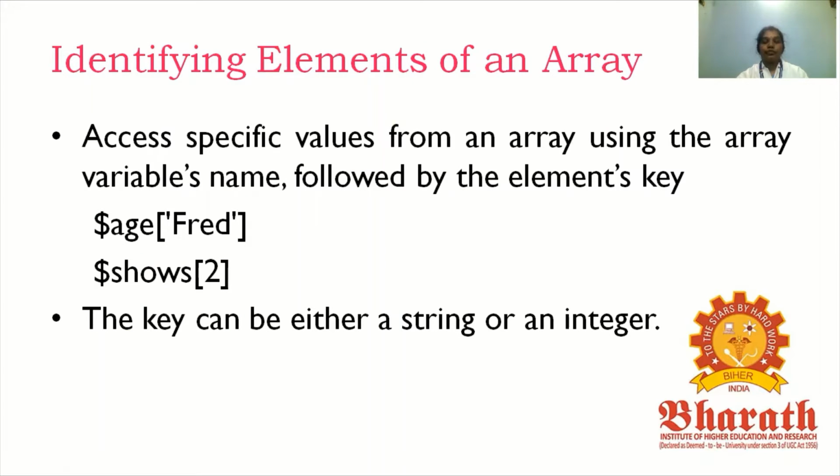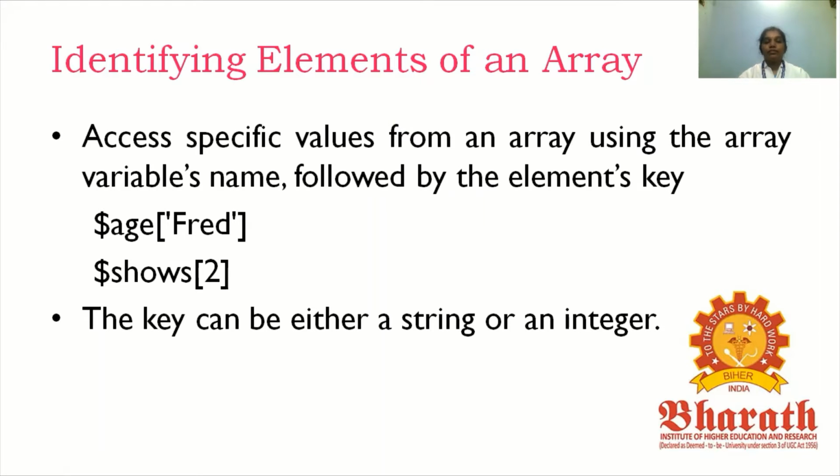Identifying elements of an array. We have stored all the values. How can you retrieve a particular element in an array? Just imagine you have stored 5 elements and I wish to retrieve the third element.